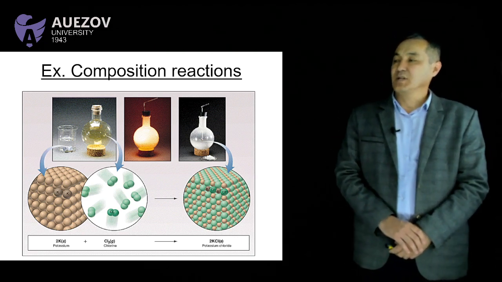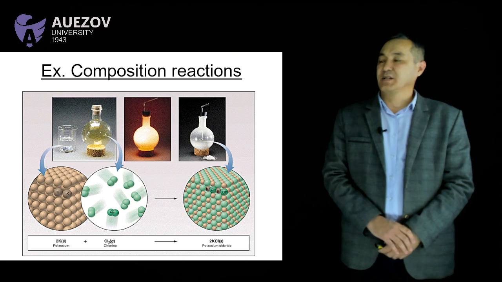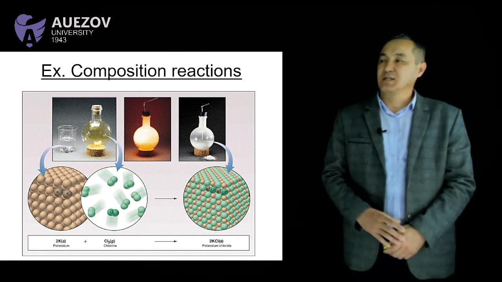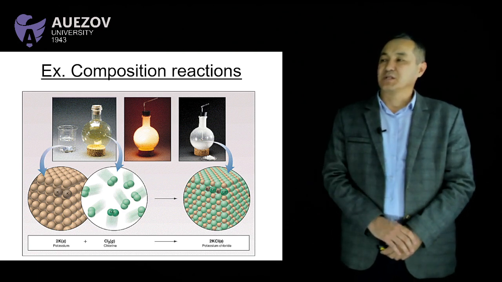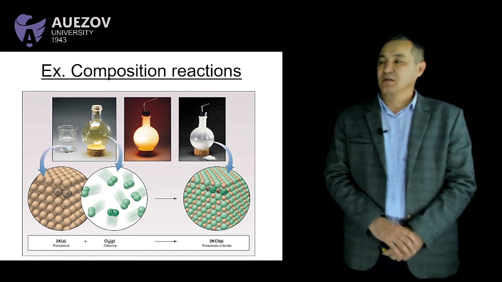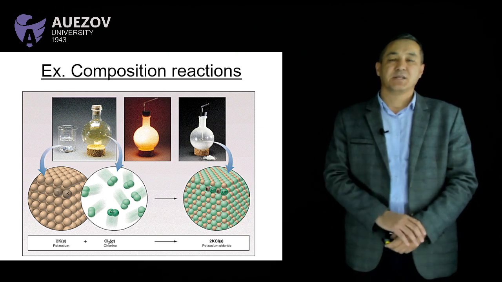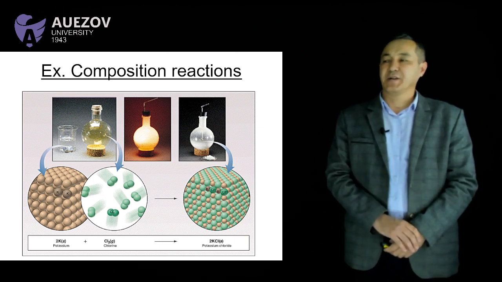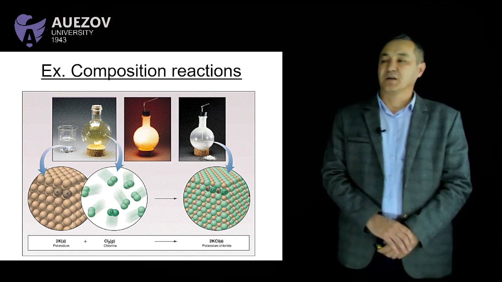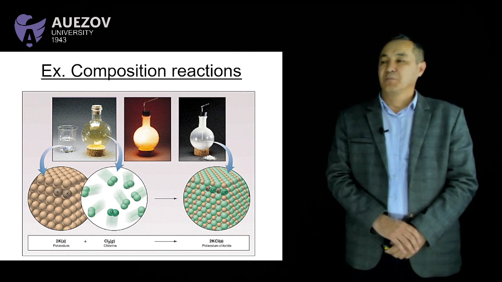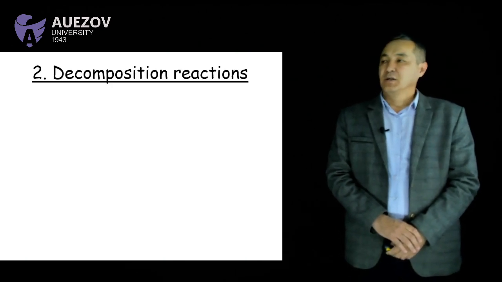On the next slide we can see examples for composition reaction. For example, potassium and chlorine atoms connect and give two molecules of potassium chloride.